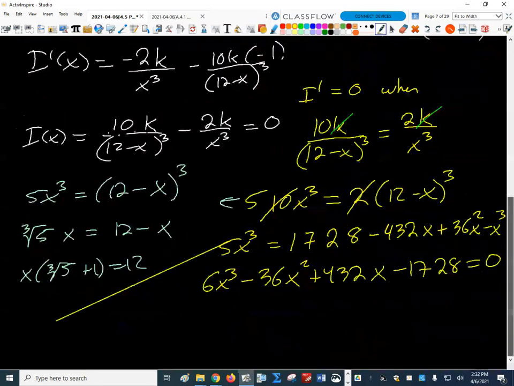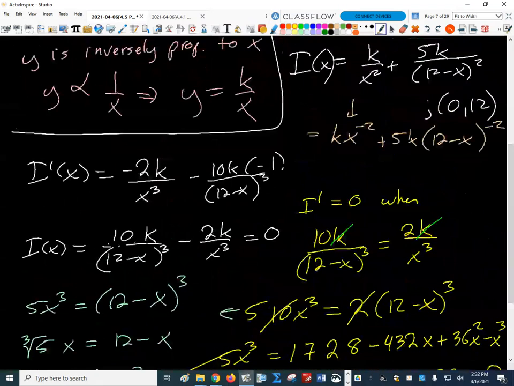So if we go down here to our derivative function and I evaluate this at 1, what am I going to get?